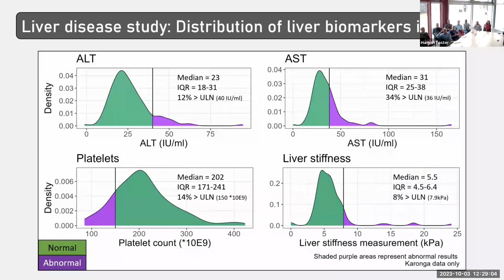So in terms of some of the things we tested for, on this slide there's along the top ALT and AST, so these are transaminases, markers of liver inflammation, and then along the bottom platelet count, which drops in chronic liver disease, and then liver stiffness is what was measured by our FibroScan tool, so higher values are indicative of fibrosis or cirrhosis.